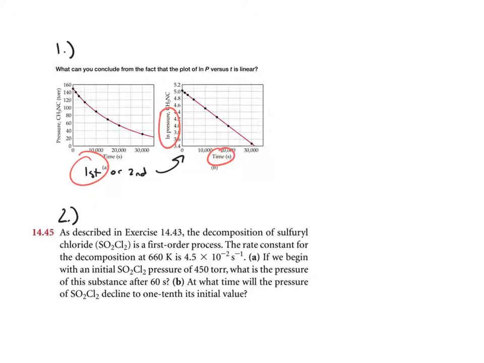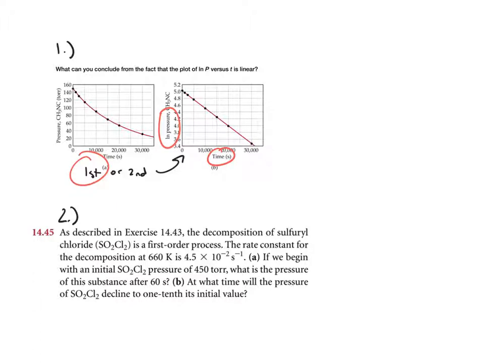So that's what I mean when I say be able to identify the different orders based on the straight line graphs. Now, if you had natural log of the pressure versus time and it still wasn't linear, then you can safely assume, by process of elimination, that the reaction must be second order. But this relationship here, in a straight line, must be first order.